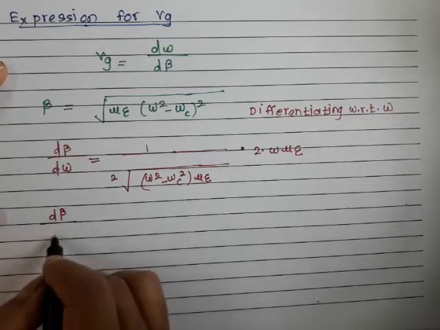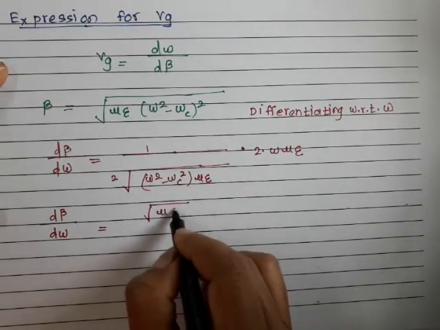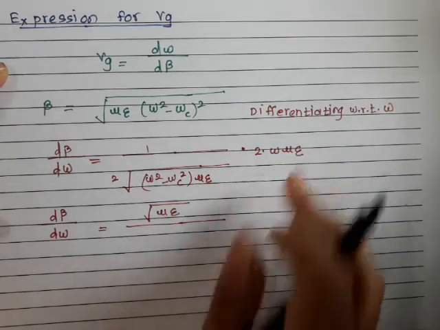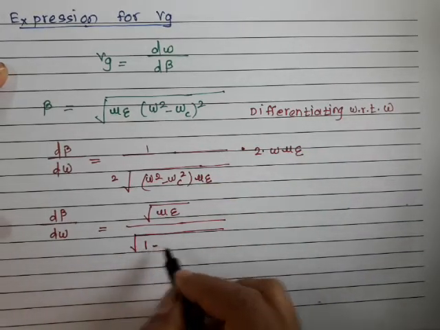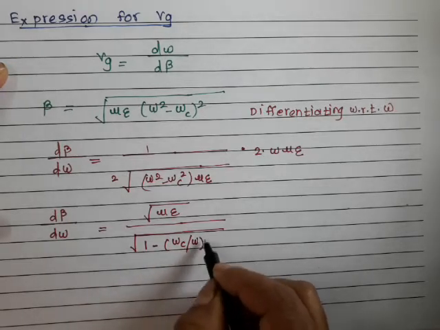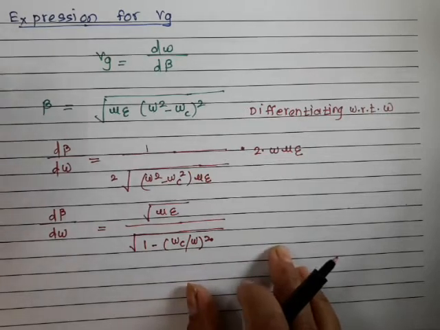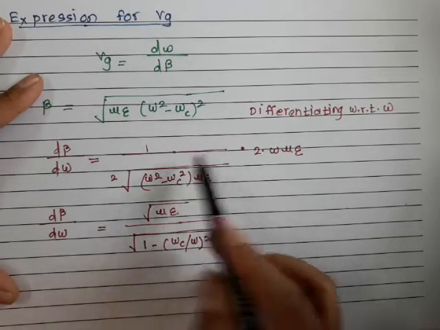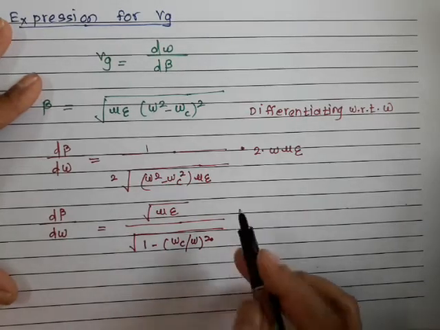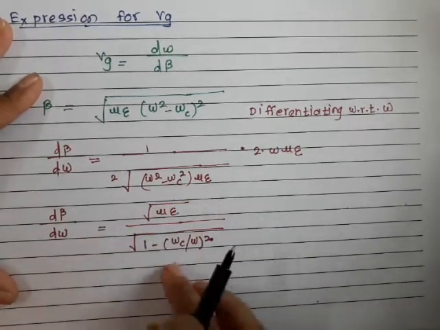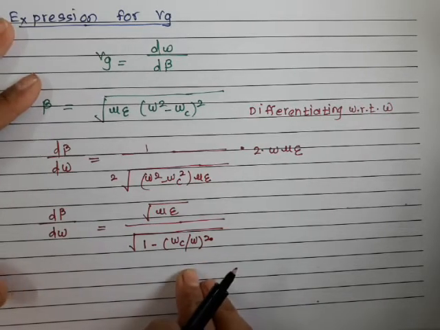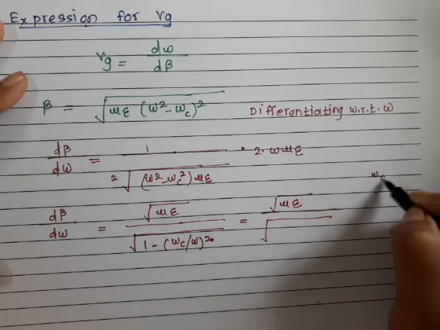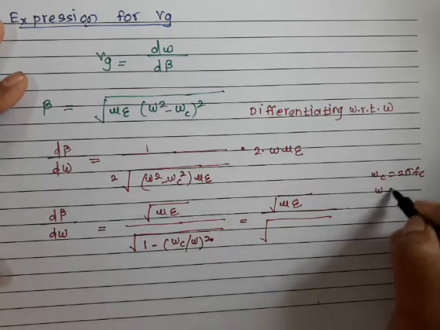Further solving the equation for d beta by d omega, the mu epsilon will be squared outside the square root, so this will become a square root. Okay. Further solving, 1 minus omega c by omega square. Okay. So you have solved; the omega is cancelled. So dividing by omega square, here omega square, so the final solution will be this one. Okay. Further again solving this one, omega c is nothing but 2 pi fc and omega is 2 pi f.